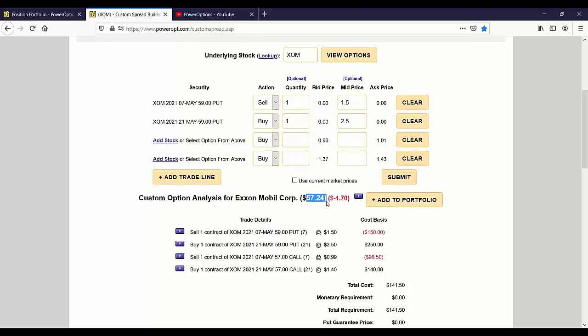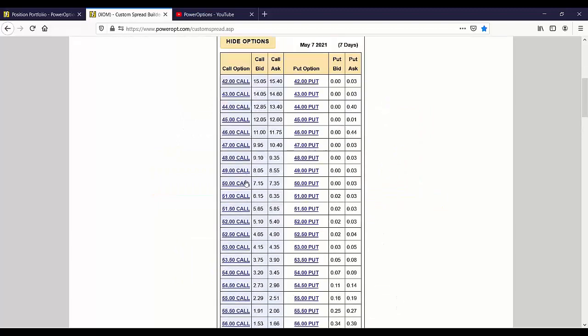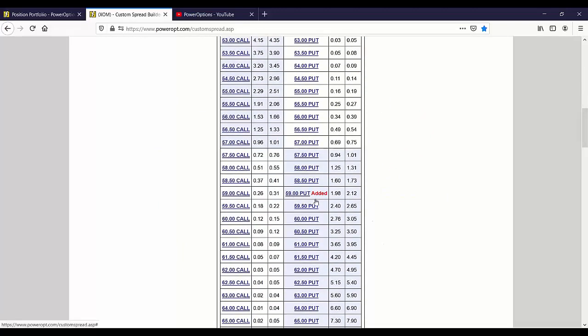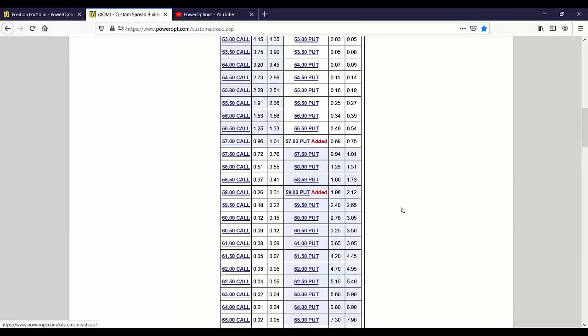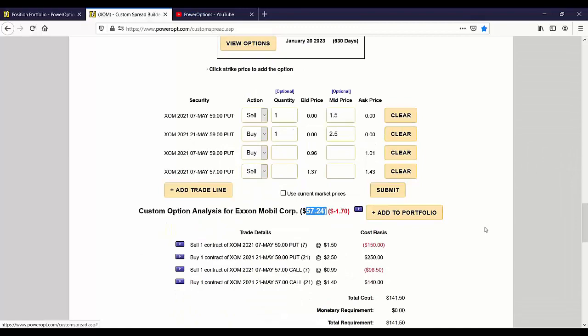The stock has fallen to 57. I'm at a loss zone on my standard horizontal spread, same strike calendar spread. Maybe I can create a diagonal. And how would we do that? Well, we're going to sell the 59 put. I'm sorry, buy to close the closer in 59 put, and maybe roll it down to an out of the money 57. Now, this is going to increase my cost basis.